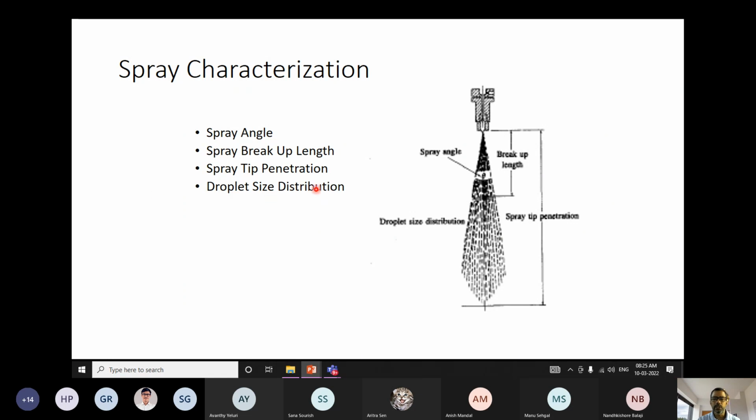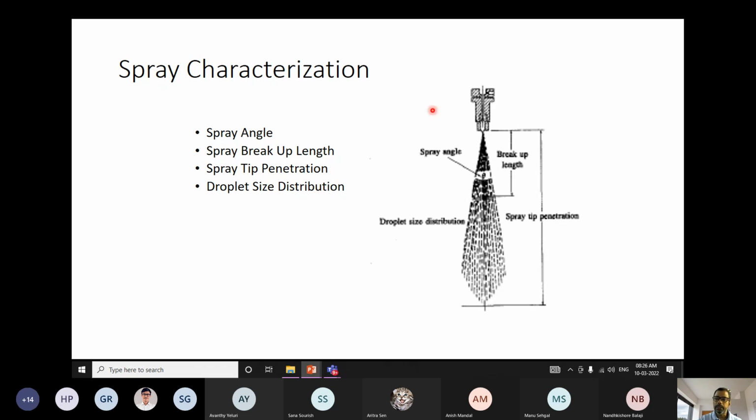It's very good equipment that can be very helpful in order to characterize the spray. So three parameters can be done with high speed photography, and the droplet size distributions we can do with the help of the PDPA, phase Doppler particle analyzer equipment.